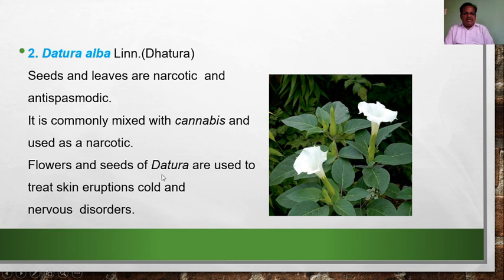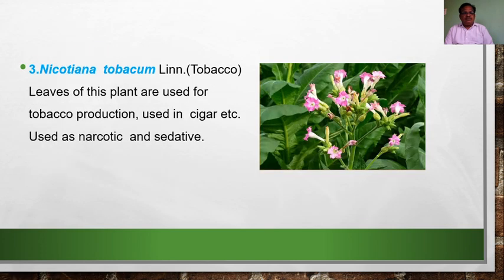Then flowers and seeds of Datura are used to treat skin eruption, that is skin problems, and nervous disorders. These are the uses of Datura. Then Nicotiana tabacum, in Marathi known as tambaku.